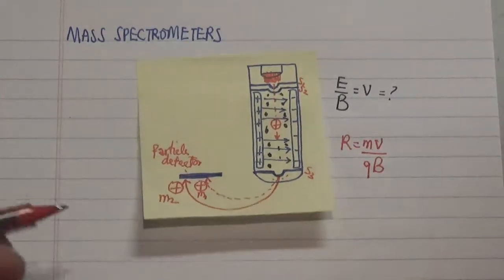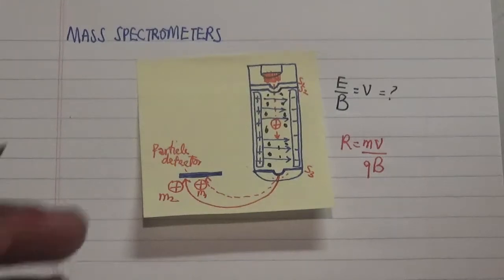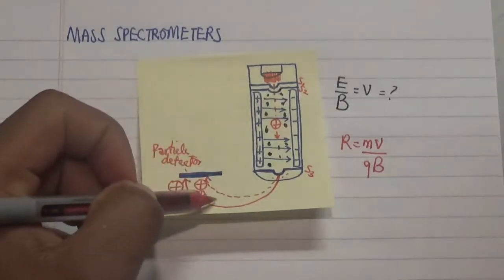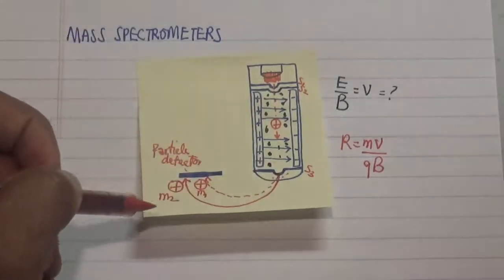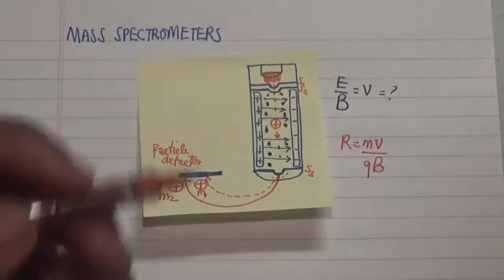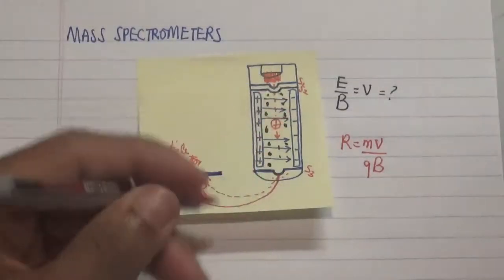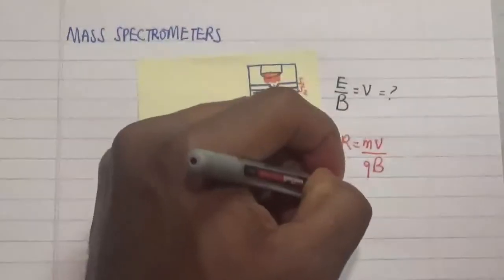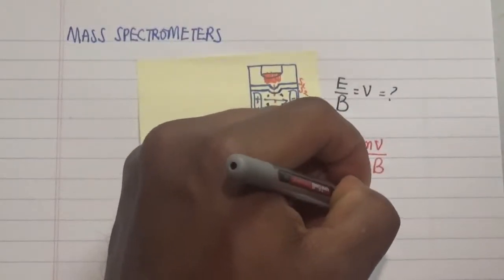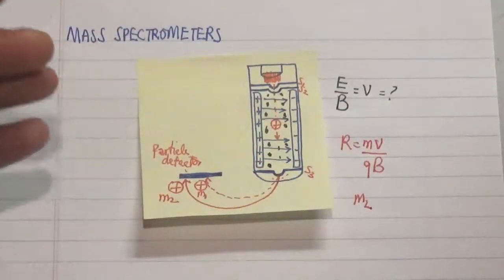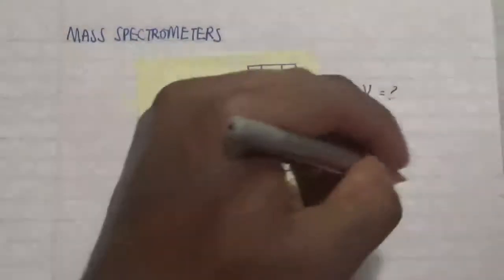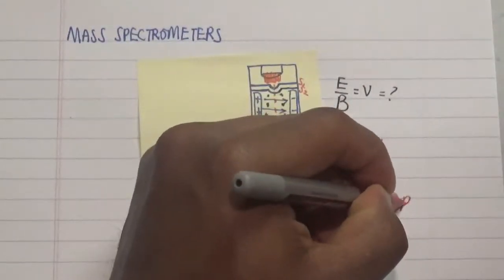What we realize is that when ions with different masses strike the detector at different points, the particle with greater mass, in this case M2, will travel its path with a larger radius, which is R2.